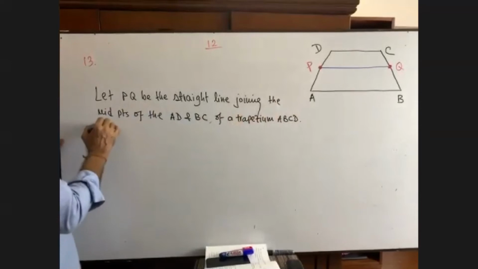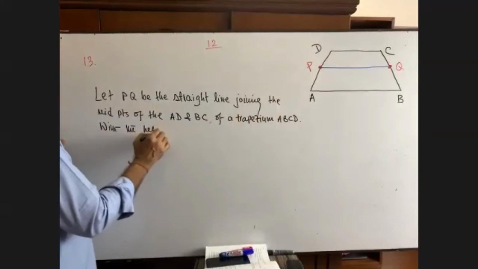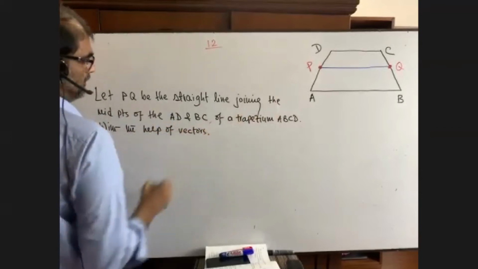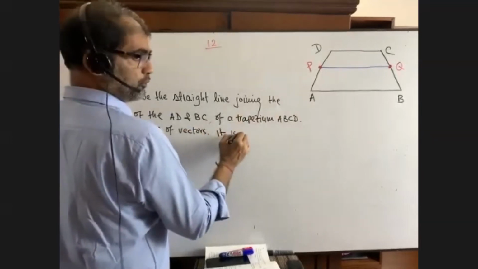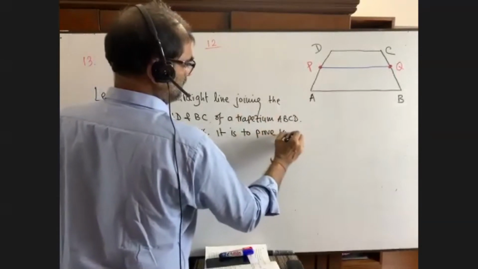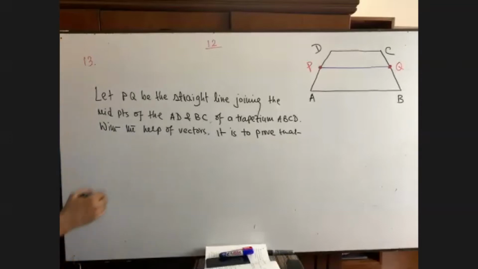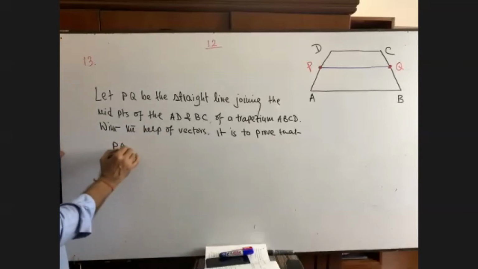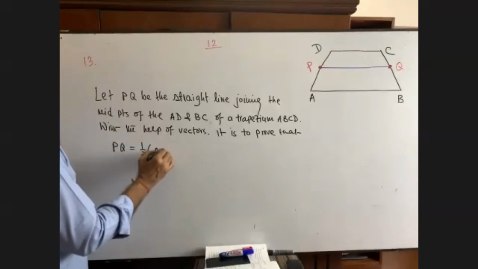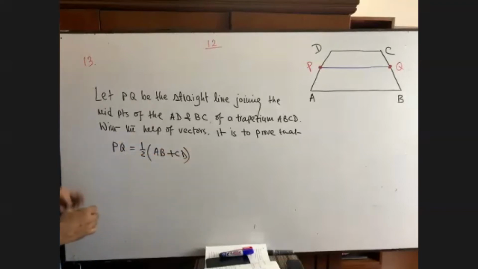With the help of vectors, it is to prove that PQ is half the sum of the parallel sides, here AB plus CD.